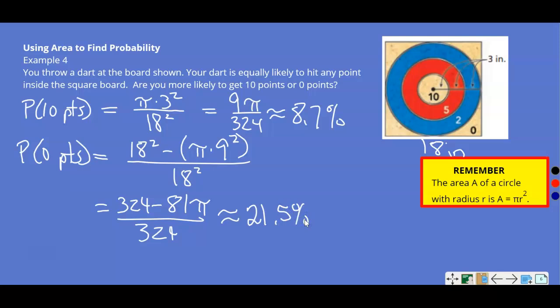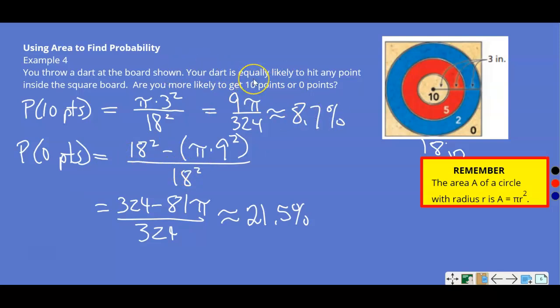Because 21.5% is greater than 8.7%, this shows you that you are more likely to get 0 points than you are 10 points. Again, hopefully you practice and get better at aiming, so that would change the scenario a little bit.